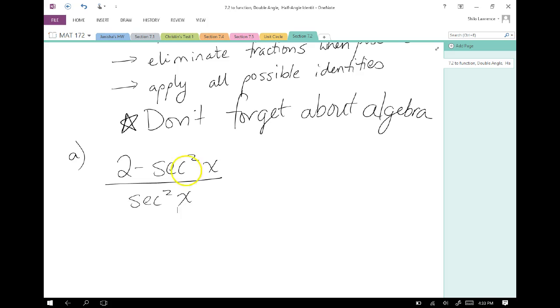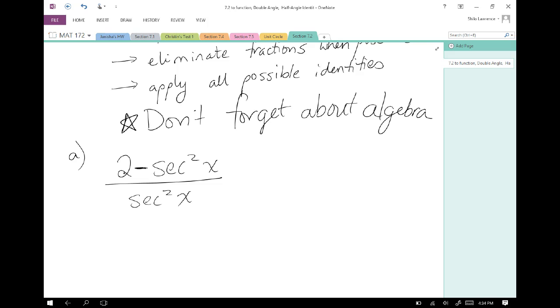Now, a lot of people would be tempted to just cancel those secant squared x and say the answer is 2, and that is not correct. You cannot cancel the secant squared x because of the subtraction. Anytime there is addition or subtraction, those two terms are bound together and they have to stay together.